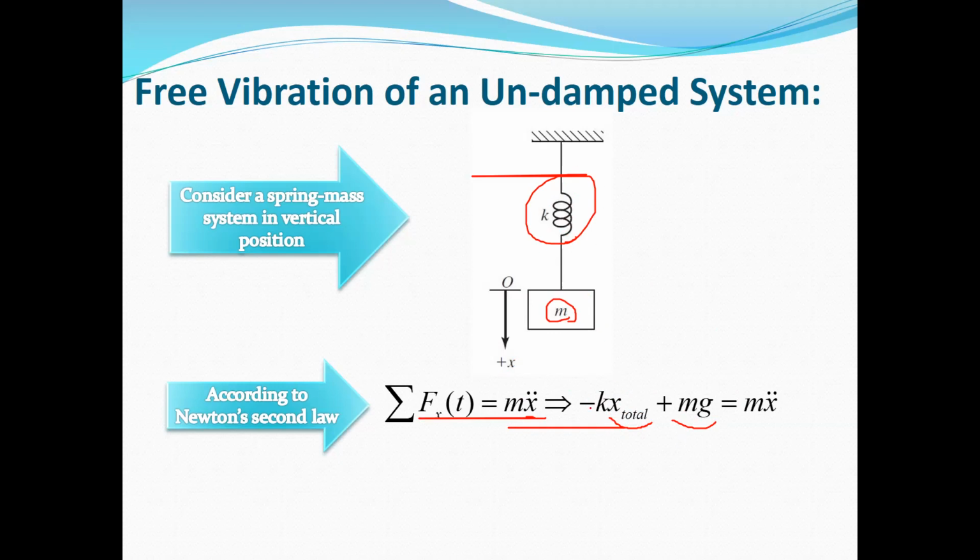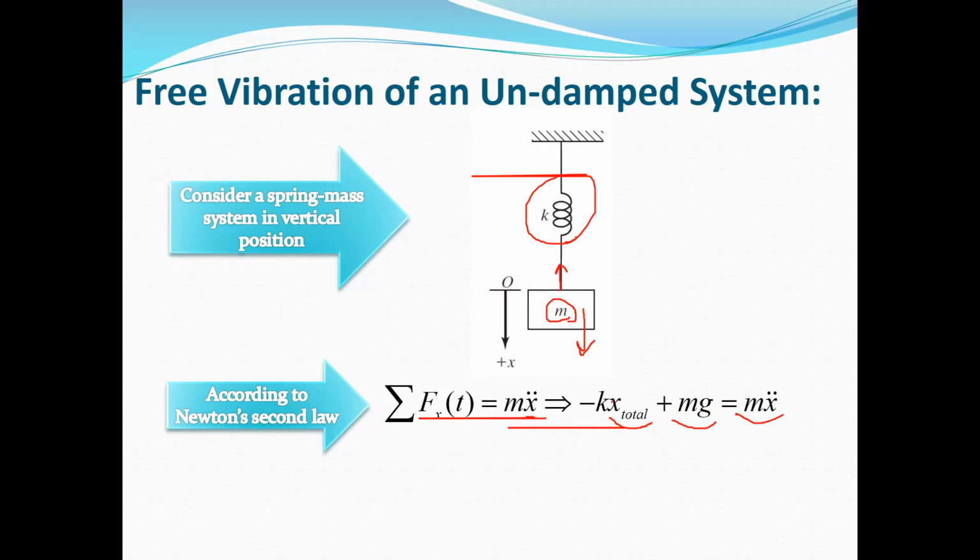The direction of the force due to this spring will be upward when the mass m is going down, so it has a negative sign. The direction of mg is downward, so it will be positive, and it must be equal to the mass times x double dot, which is the acceleration.